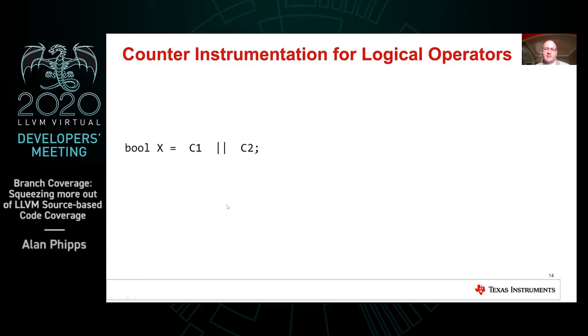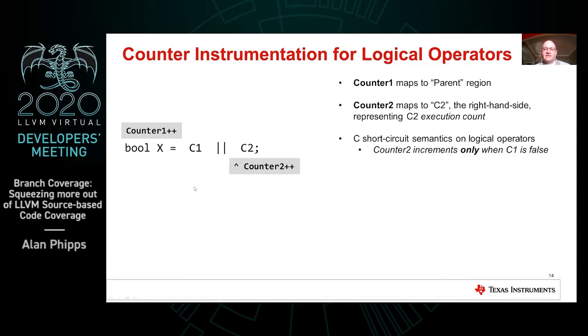To give you an example here, I've got a logical OR operation with two condition operands, C1 and C2. So like before, Clang is going to add a counter 1, and it'll be incremented before this Boolean expression is hit. Clang's going to add a counter 2, which will be incremented to show how many times C2 has been executed.